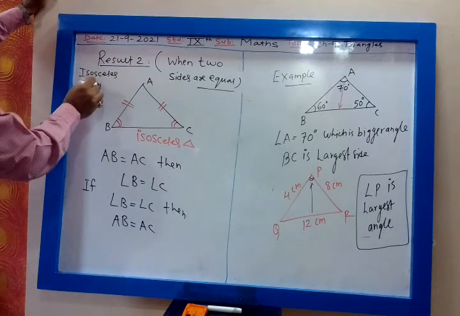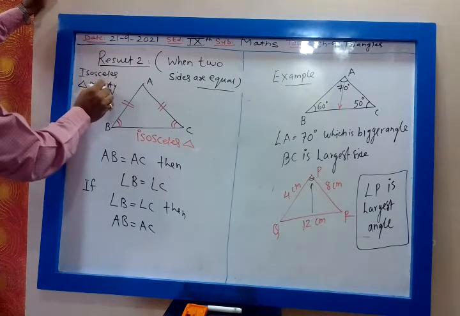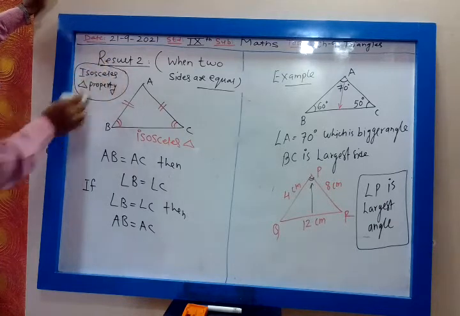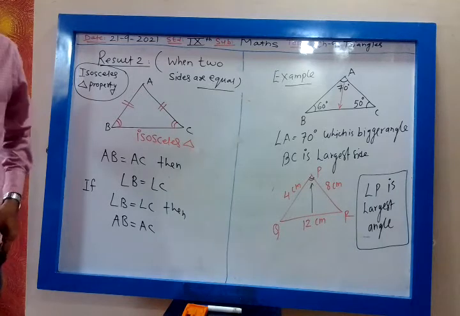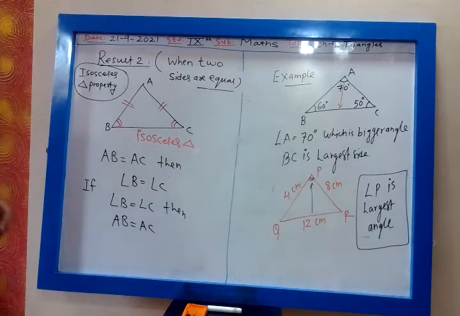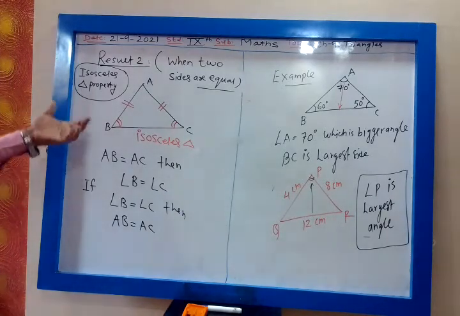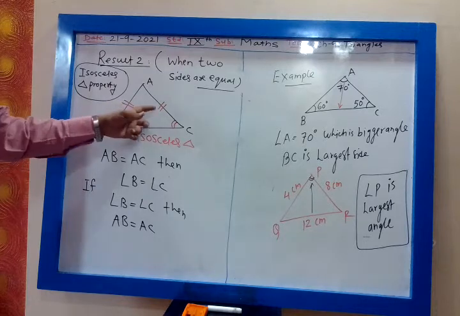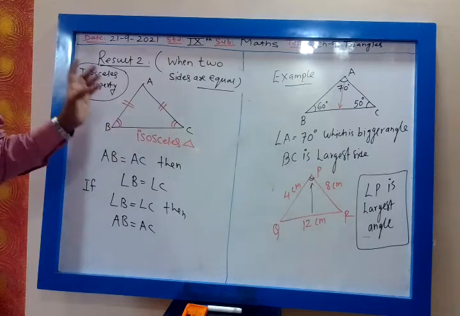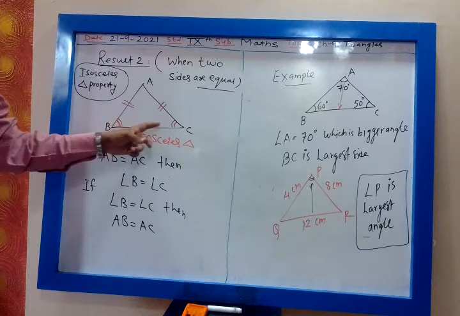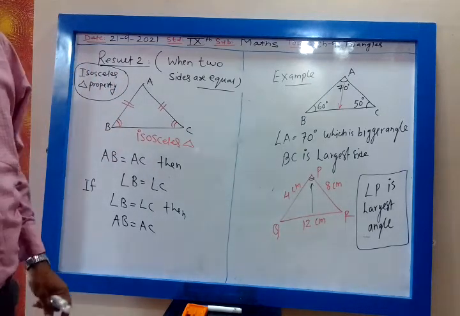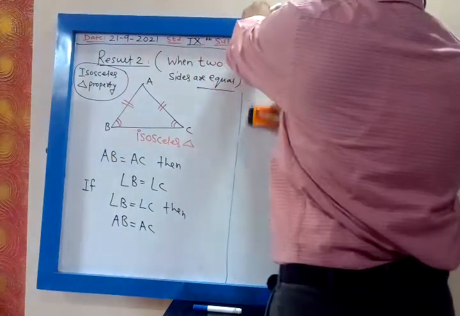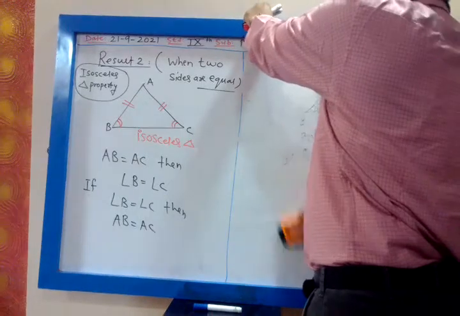And this we have used in the trigonometric ratio, in the solution of right triangle. We have used this isosceles triangle property. These two sides are equal, so their opposite angles are also equal. If opposite angles are equal, their opposite sides are also equal. So we have to apply this.